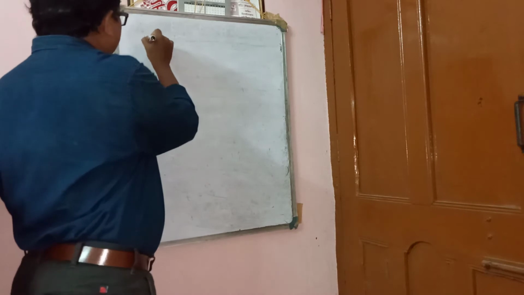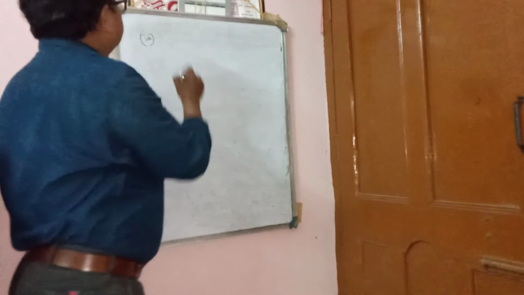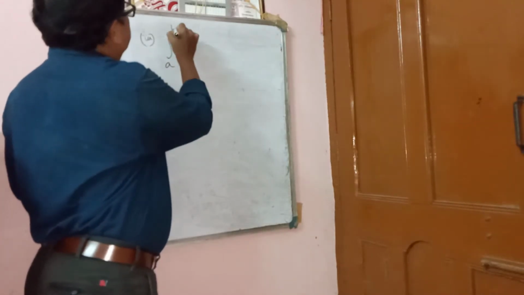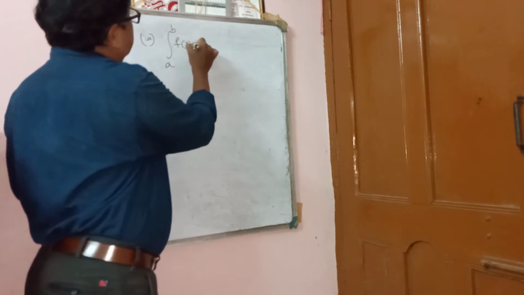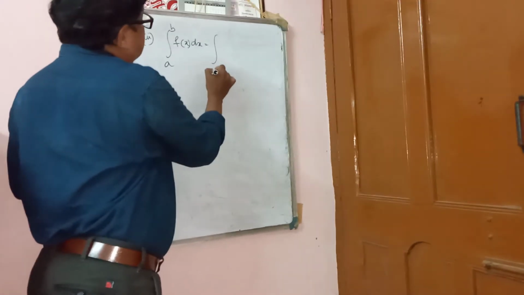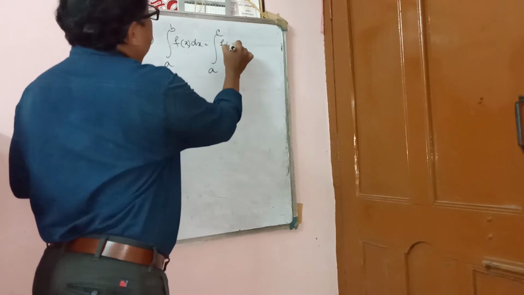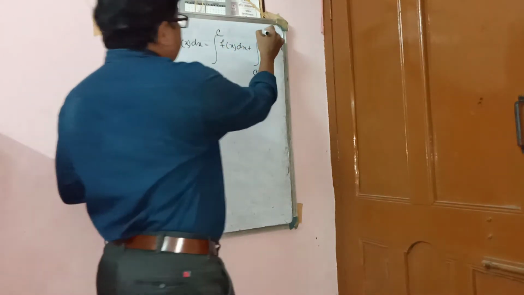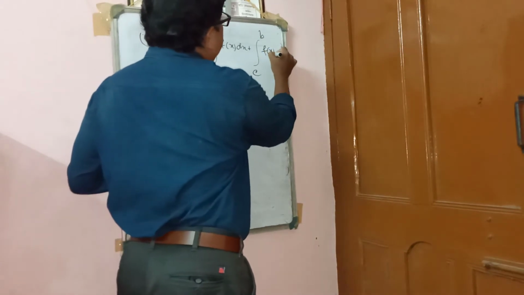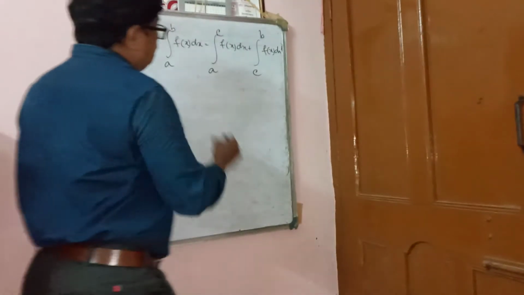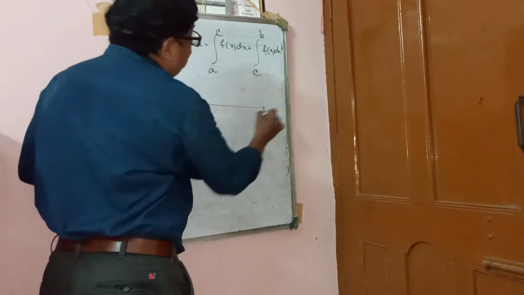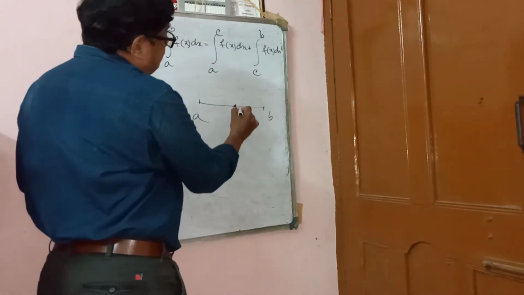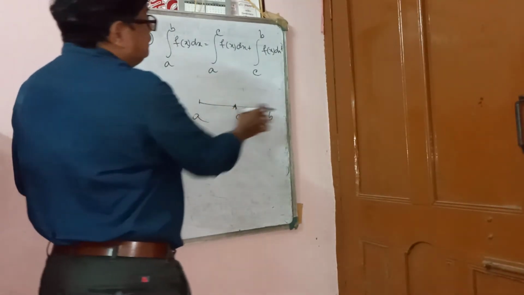Number 3. Suppose integration a to b f of x dx, we can write integration a to c f of x dx plus c to b f of x dx. Suppose the interval a to b is given, and any point c lies in between; then a to c, then c to b.